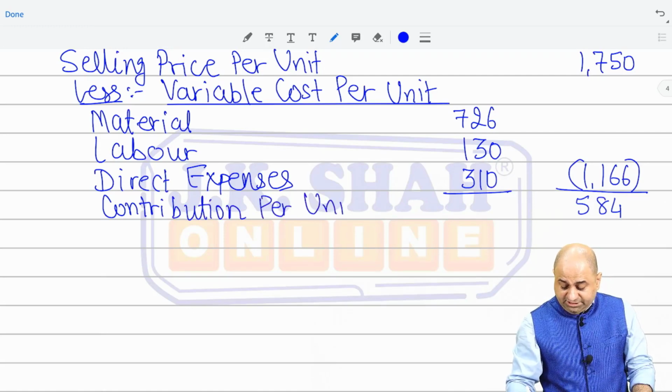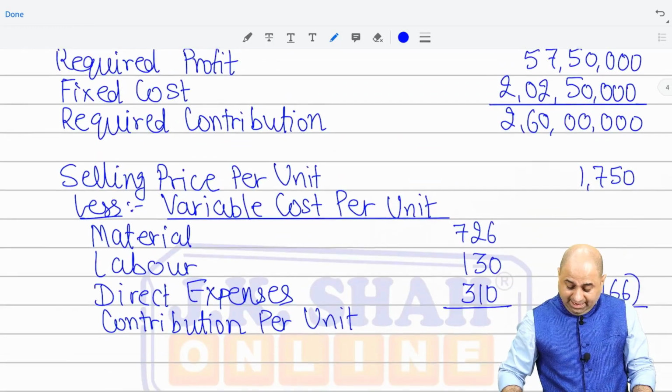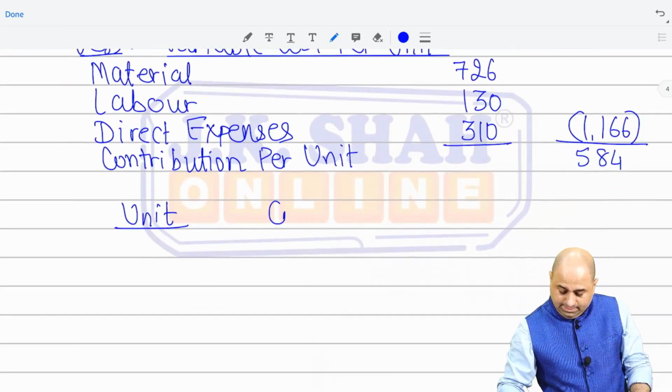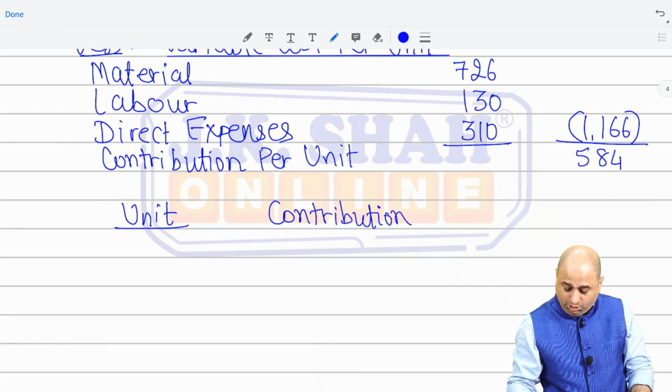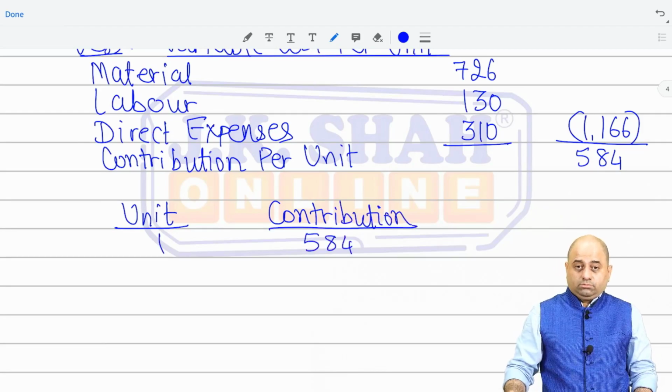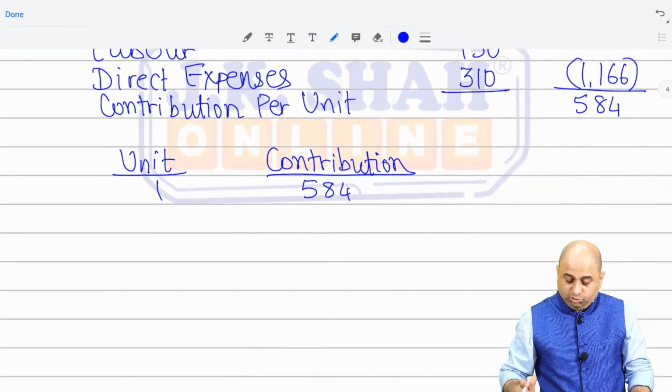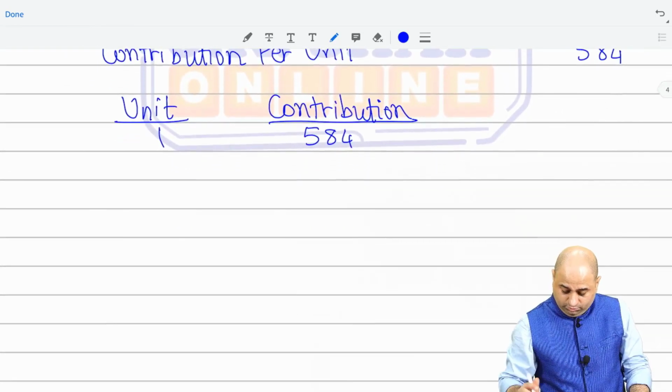Now it's a very simple way to solve that. 1 unit will require contribution of 584. So for 2 crore 60 lakhs, how many units should be sold?